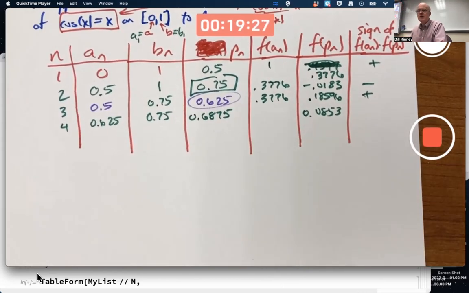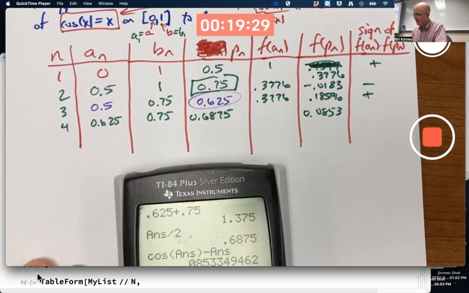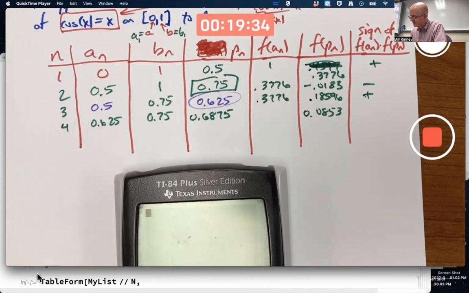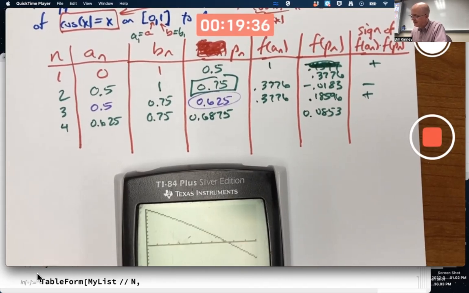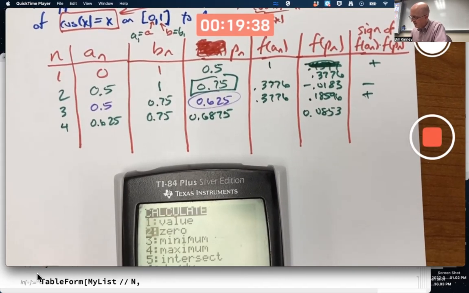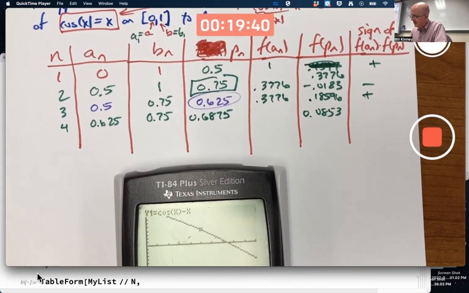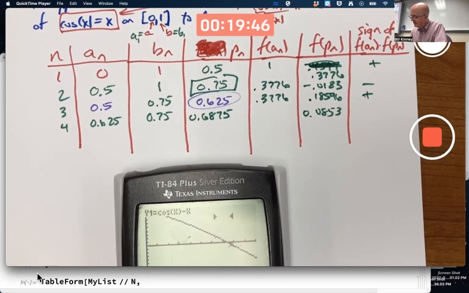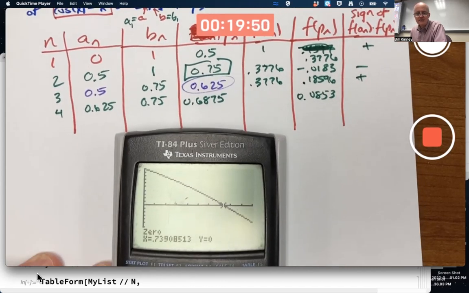And indeed, if we were to use technology to find the root more precisely, this number is closer. Go back to your graph. Look for the 0, a left bound, a right bound, and a guess. It's very close to 0.74.